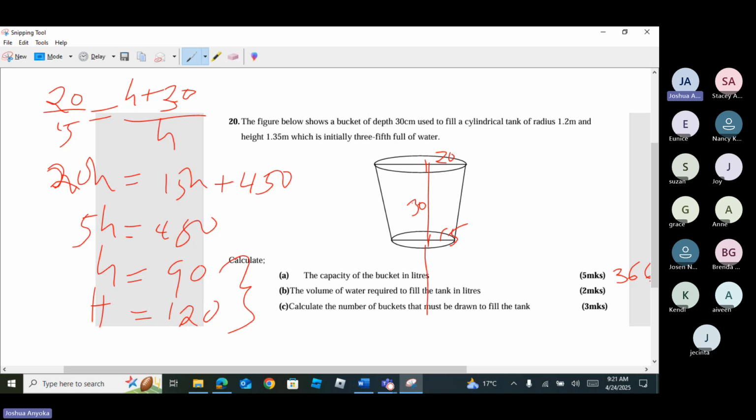That is, if we complete this diagram, this is our small h.